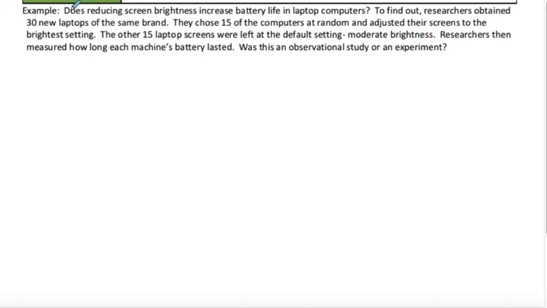Okay, so when I first started out, I said I do this all the time, mostly because I don't tell students to dim their settings on their computers, but I see lots of you do that because it saves your battery. Okay, in this case, they've actually assigned the brightness. They chose 15 and assigned them to have the brightest setting. The other 15 were left at the default. Because they're choosing it, this is an experiment.